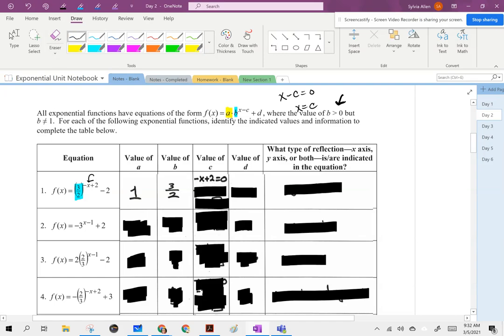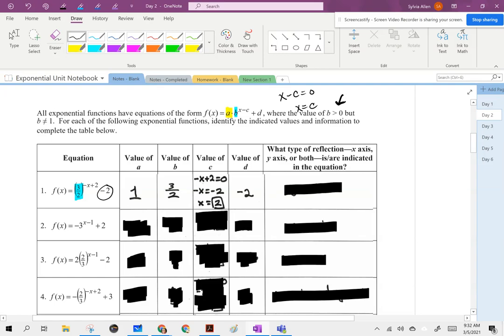Well, the first thing you do is you write down this entire thing and you set it equal to 0 and solve for x. And then if x equals 2, then actually the value of c is 2. Okay, so the value of c is 2. And then of course you have D, which is -2.